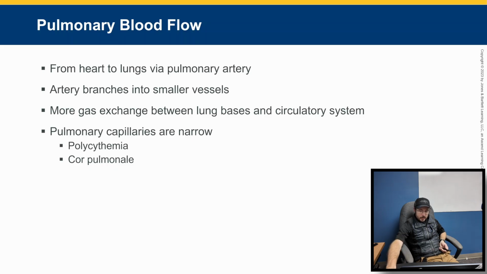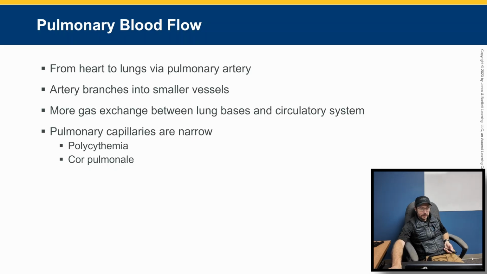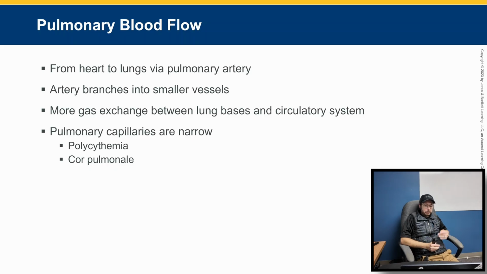A couple of things to know here. There's something referred to as polycythemia. So what does poly mean? It's a color. Polyuria, it's a lot. A lot. Yeah. So polycythemia is excess of red blood cells, so overproduction of red blood cells.